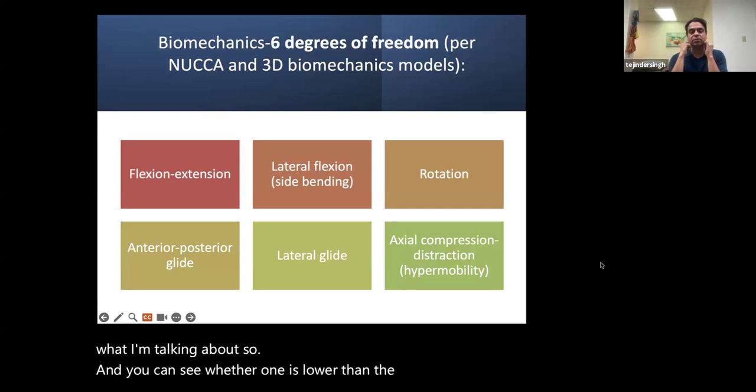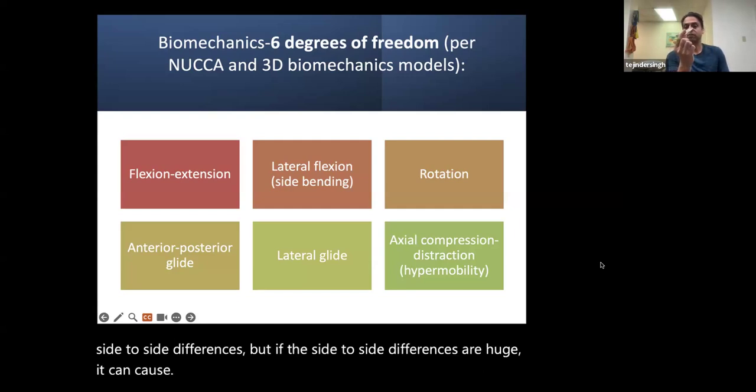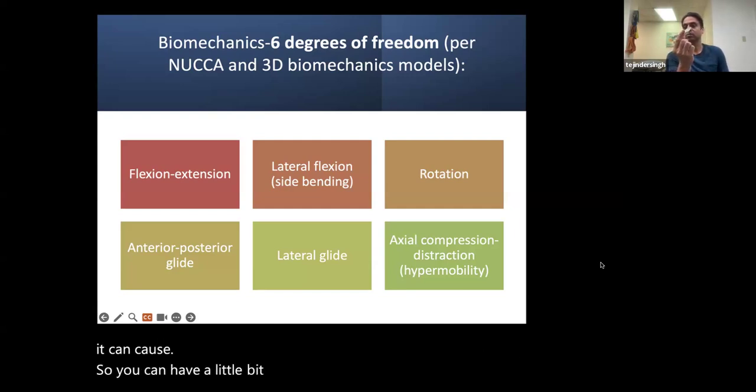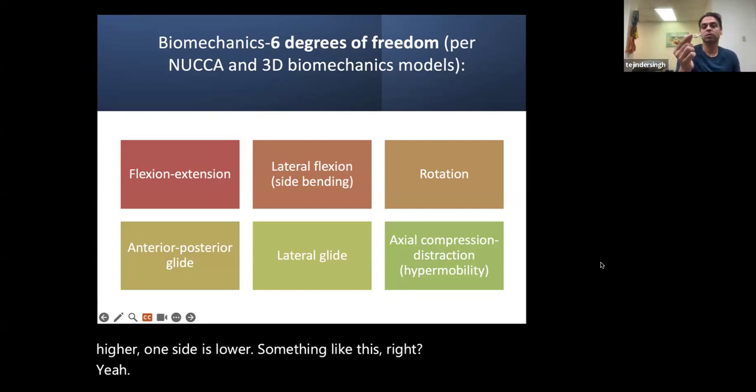There may be side-to-side differences, but if the side-to-side differences are huge, you can have a little bit of something like this, where one side is higher, one side is lower, right?